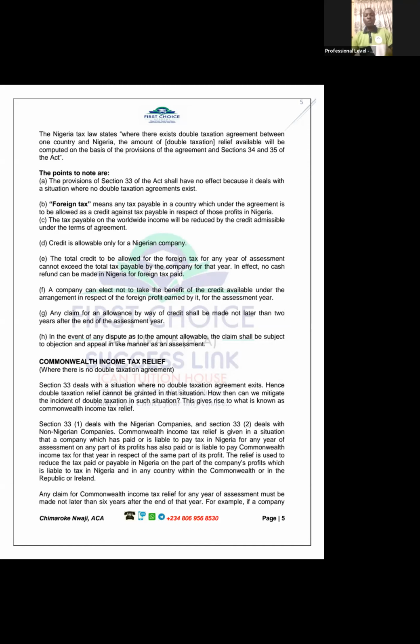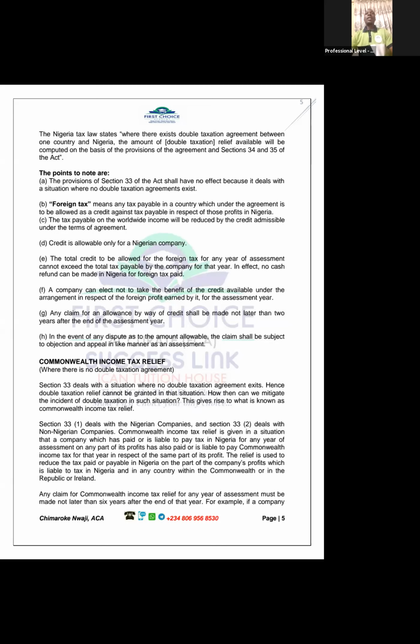But in the case when the Commonwealth tax rate is higher or exceeds 1/2 of Nigerian tax rate, then we fall back to 1/2 of Nigerian tax rate. So you see, use figures, 20% versus 15, or maybe 12 or 10% versus 15. Take the lower one. Now that's for what you will be seeing in the exam.